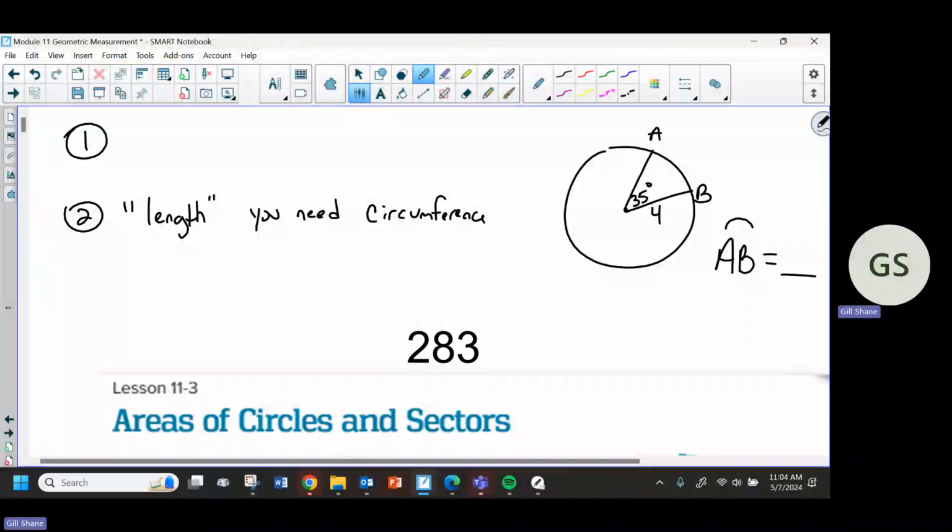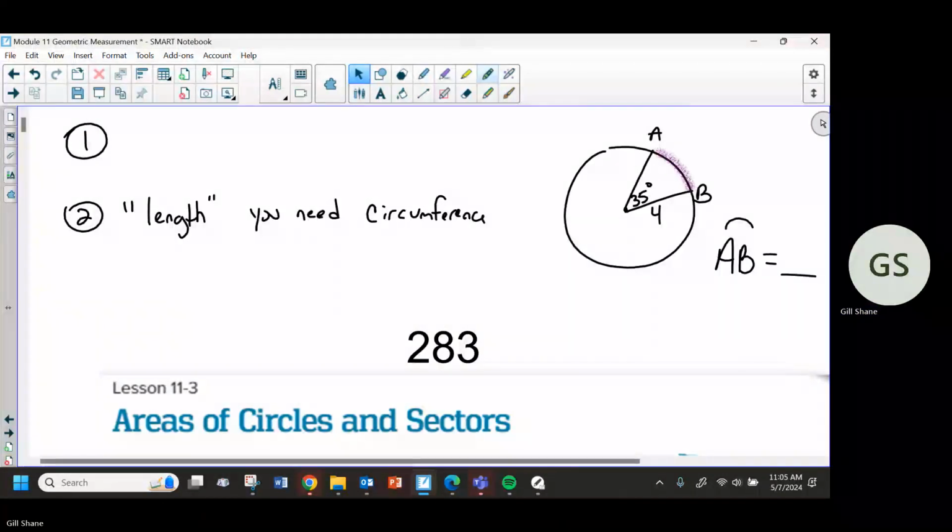What was that first step? It was the same first step for the other types of problems. If it was in degrees or radians, we still did the same first step. I want to know the length of that, and I need to know how much of the circle that arc takes up.